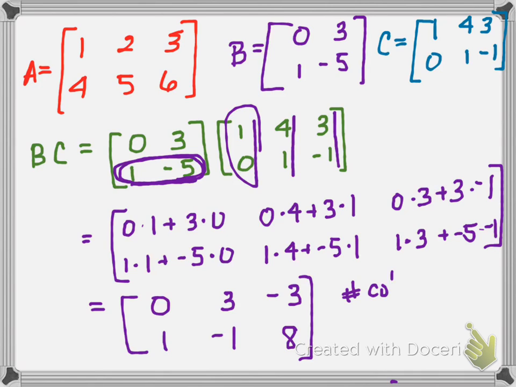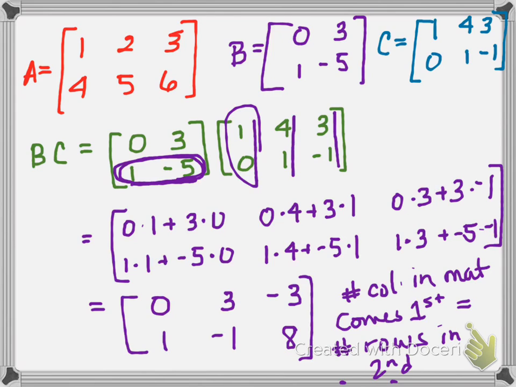So the number of columns in the matrix that comes first needs to equal the number of entries in a column in the second matrix, which is exactly the number of rows in the second matrix. So I know I need those two things to be equal. And so that gives me another result.